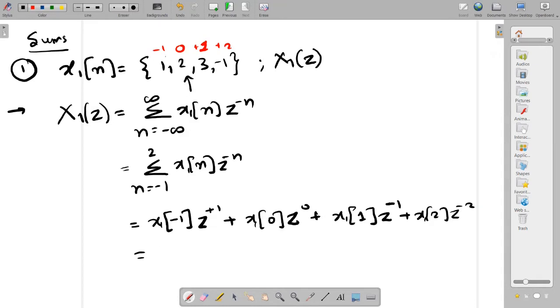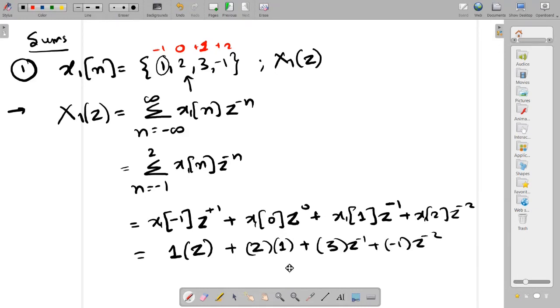So this is 1 times z, plus x of 0 is 2, z to the 0 is 1, plus x1 of 1 is 3, z to the minus 1, x1 of 2 is minus 1, z to the minus 2. Therefore, X1 of z is equal to z plus 2 plus 3 z inverse minus z to the minus 2. This is your answer.